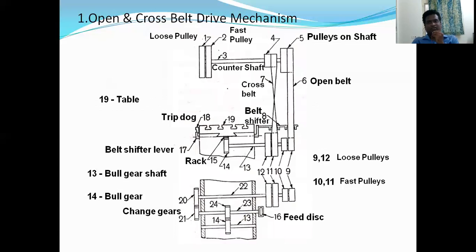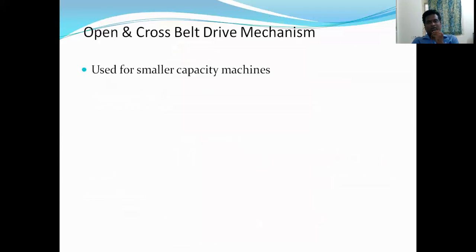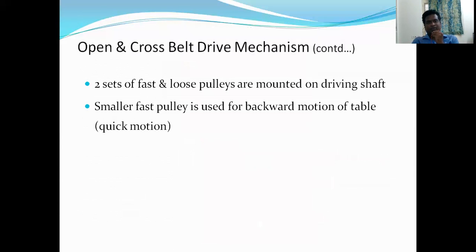Where is the main shaft? That drives the rack and pinion. On the counter shaft, two sets of fast and loose pulleys are mounted on the driving shaft.